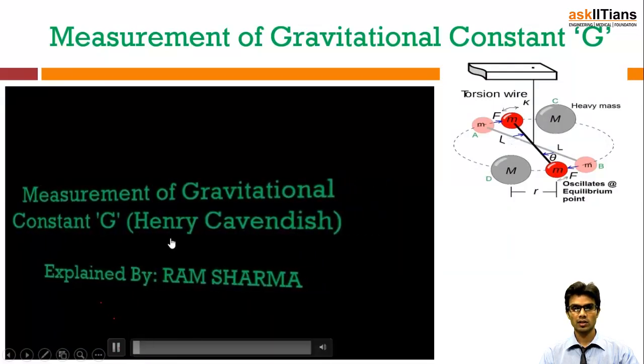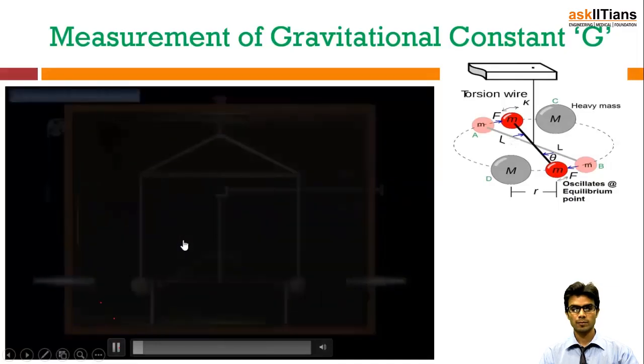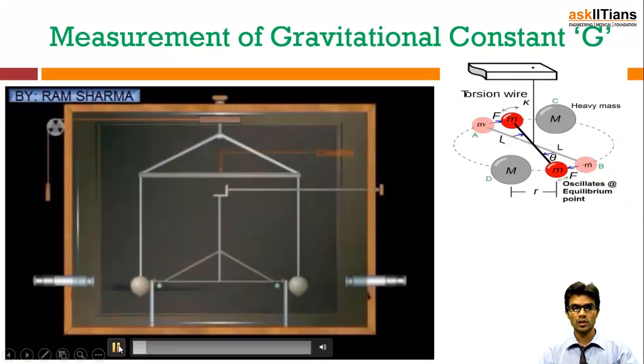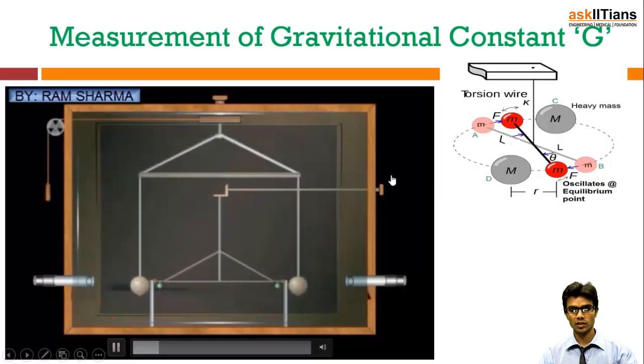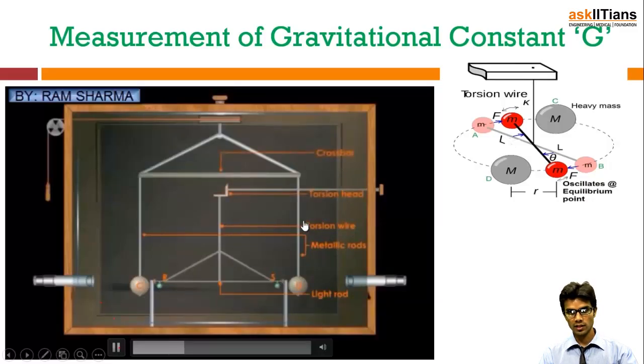The measurement of the gravitational constant can be explained as follows. The cross rod PQ is suspended from the ceiling, and using the metallic rods C and D, two masses are suspended, and also using RS, two small masses are suspended by a light rod, supported by a torsional wire and torsional head.